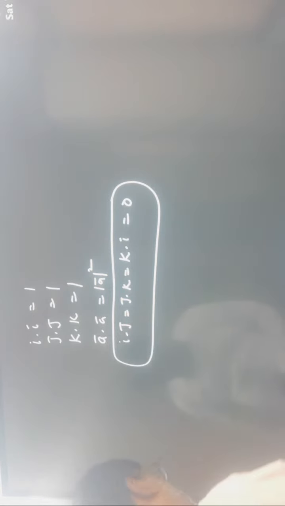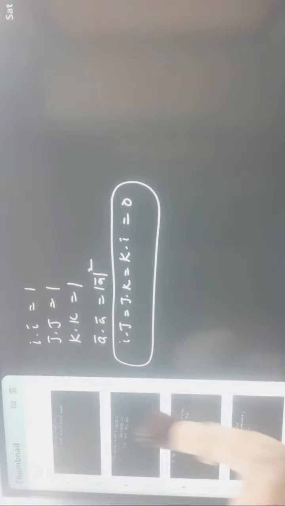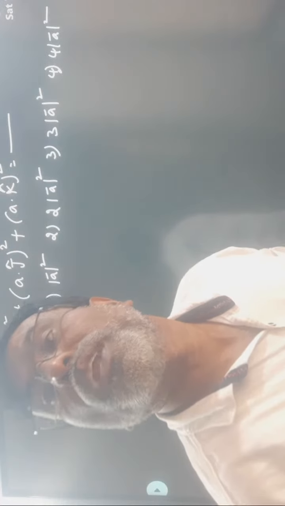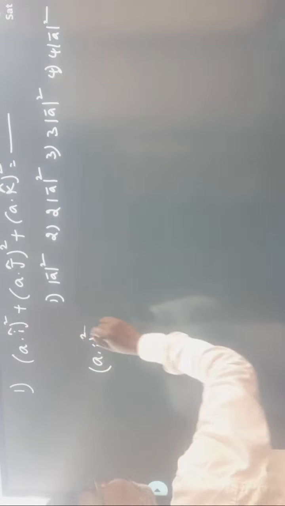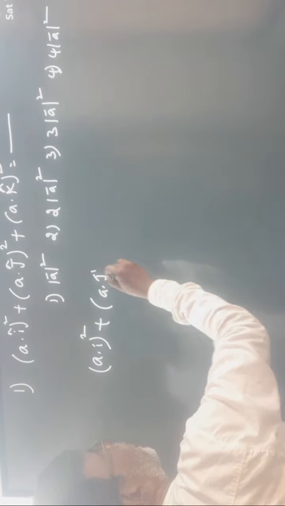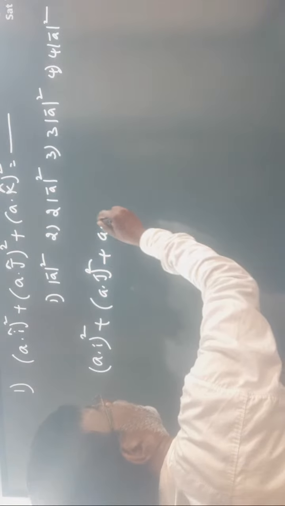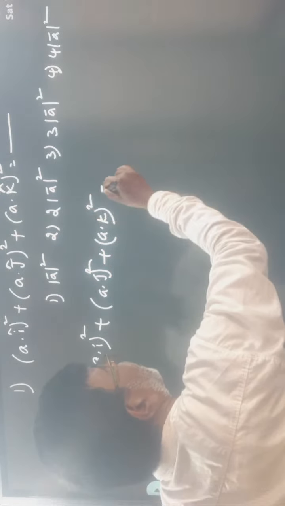Let me explain the problems one by one. The first problem is given like this: (a dot i) whole square plus (a dot j) whole square plus (a dot k) whole square equals dash. That is the given question.